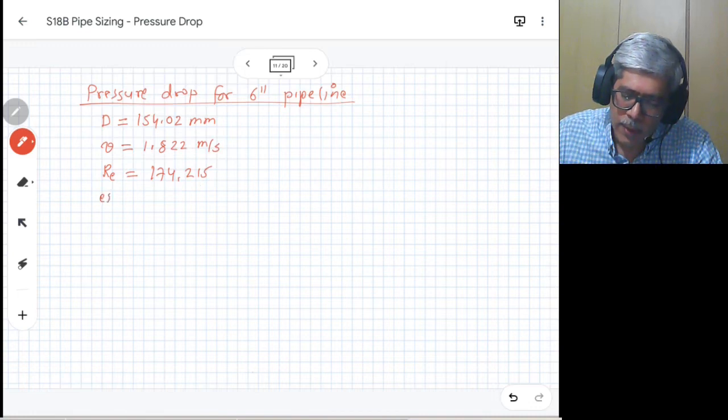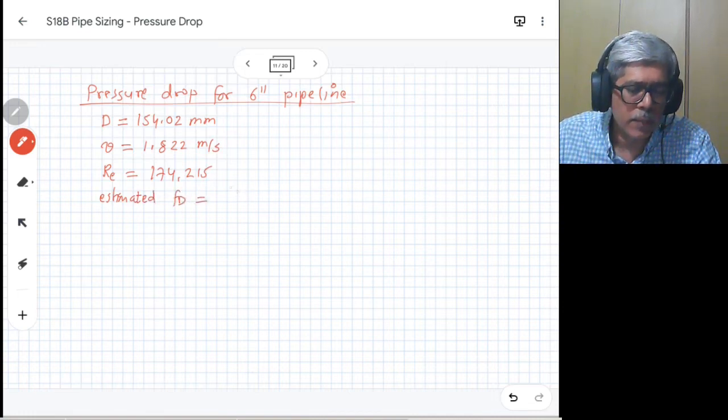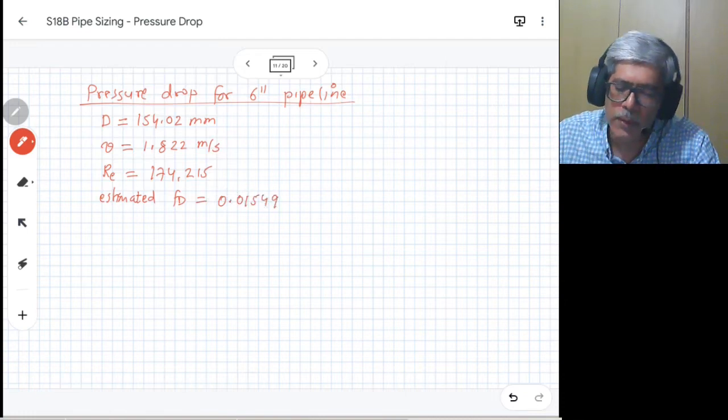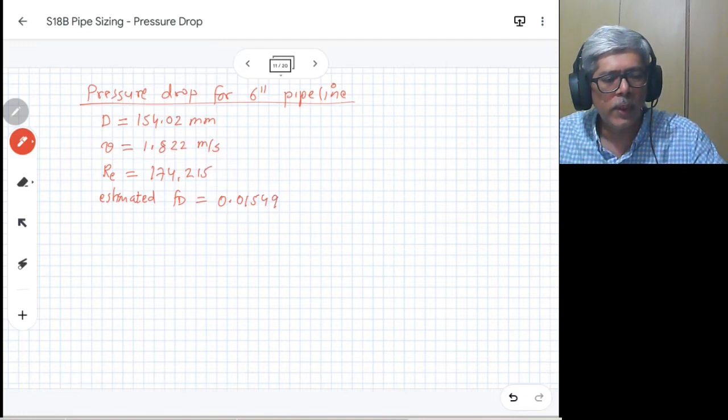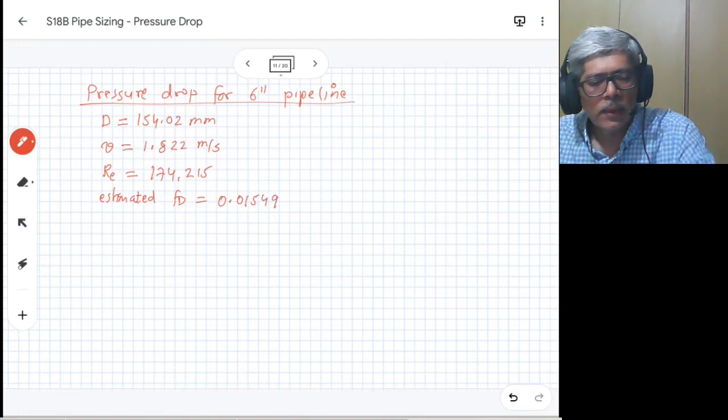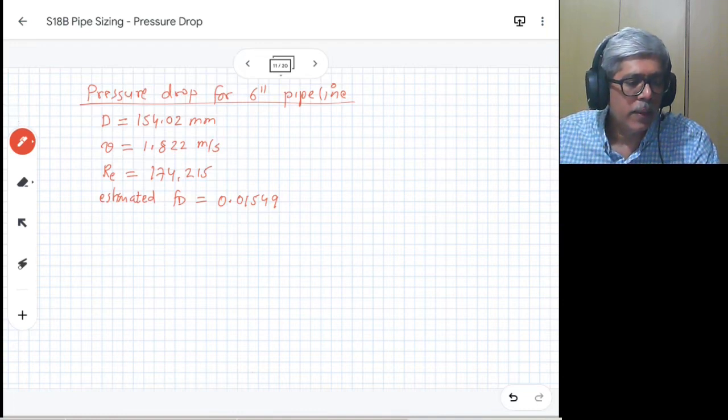Then the estimated root value of the friction factor using the Blasius equation comes out to be 0.01549. If you take this as a seed value and use the Colebrook-White equation, you will get the value of Fd.